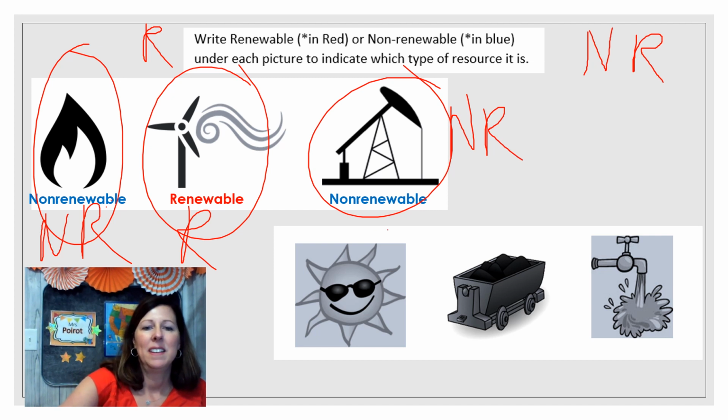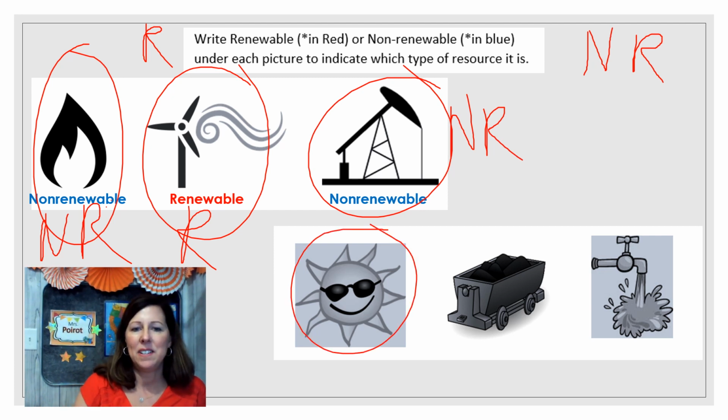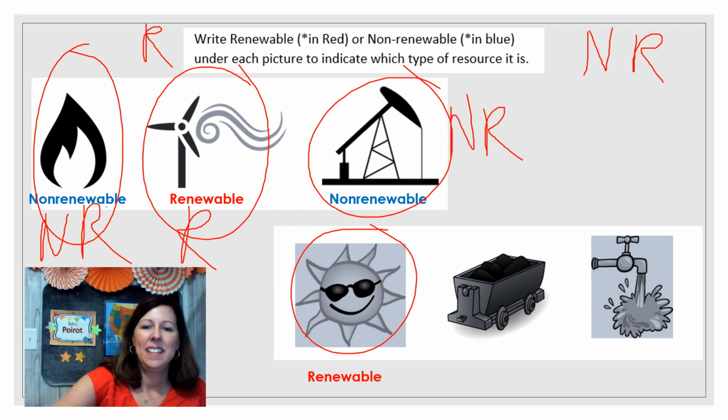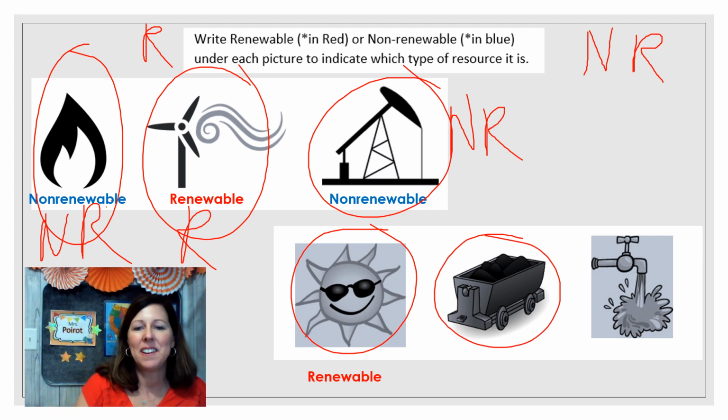Non-renewable. Okay. This is our sun, or solar energy. What do you think that is? That is renewable energy. This is a mining car full of coal. So do you think coal is renewable or non-renewable?